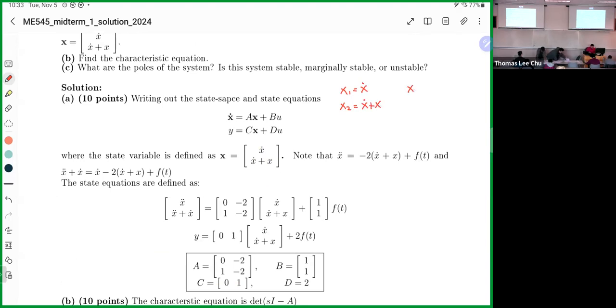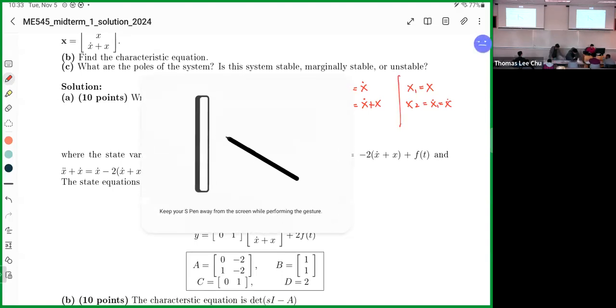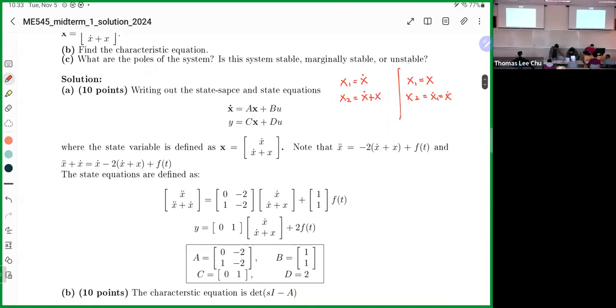Traditionally in the past, I say x1 is equal to, I don't know, x, and x2 is equal to x1 dot, which is equal to x dot. So I was trying to steer you away from that kind of thinking, but I don't think I did a sufficient job of doing that. I did say in the review that this is possible, that we can have unique ways of defining state variables.